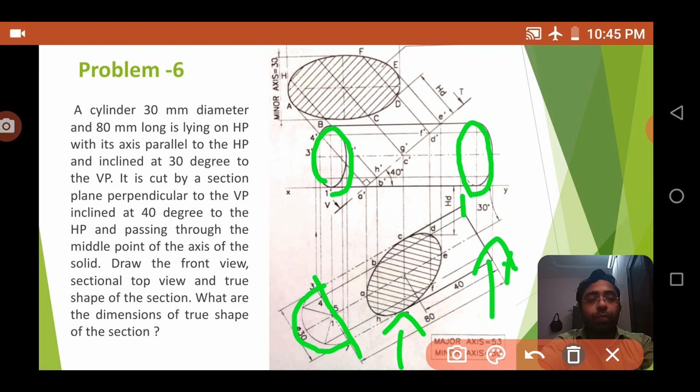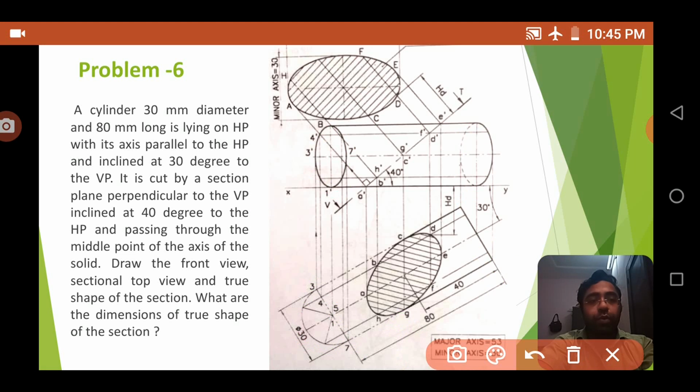So how are you going to draw that front view? Before drawing that, we have to divide this diameter, this distance. So I'm going to draw from the center point.